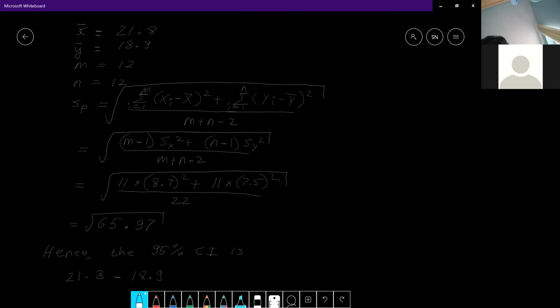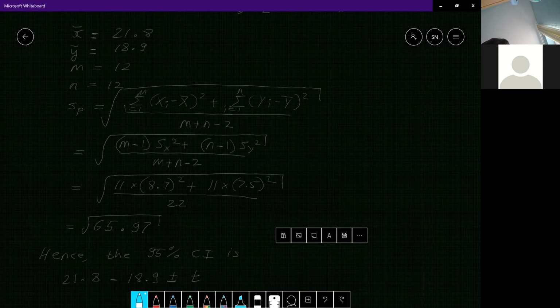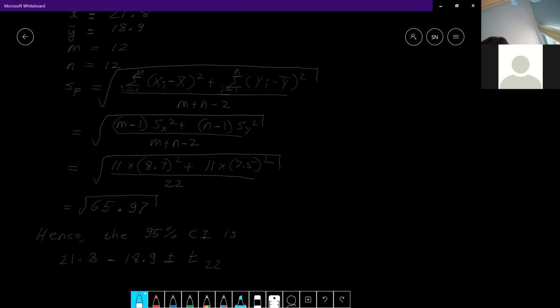Okay. Plus or minus T, the percentile of the T distribution, where the degree of freedom is M plus N minus 2, so it's going to be 22. And 1 minus alpha by 2 is going to be 0.975.